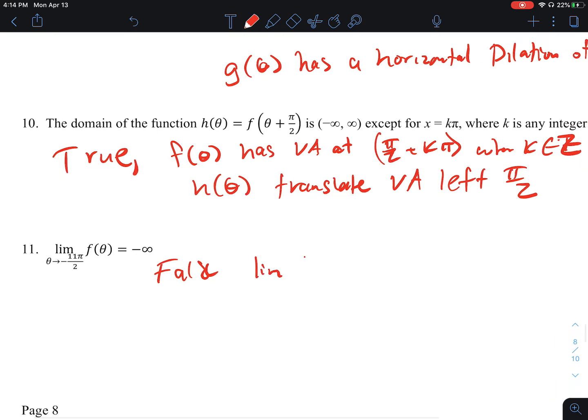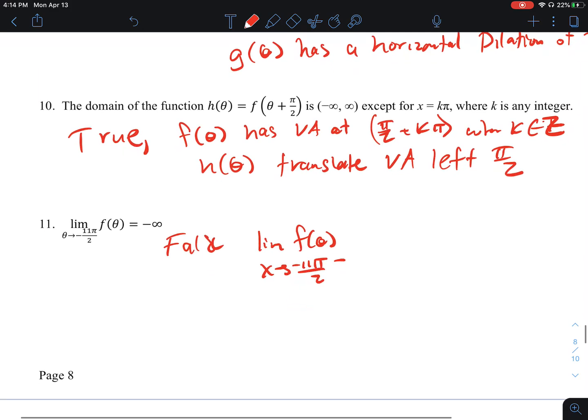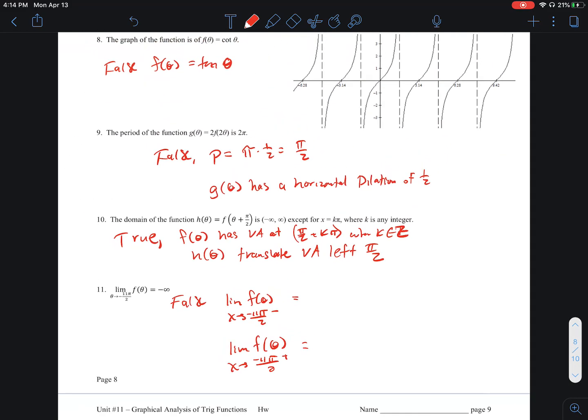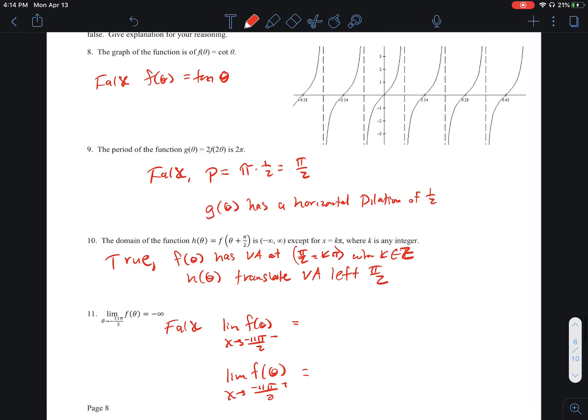Let's find the limit of f of theta as x approaches negative 11 pi over 2 from the left, and the limit of f of theta as x approaches negative 11 pi over 2 from the right. Since we know there's a vertical asymptote at every pi over 2 separated by pi, at some place there's going to be a vertical asymptote at negative 11 pi over 2.